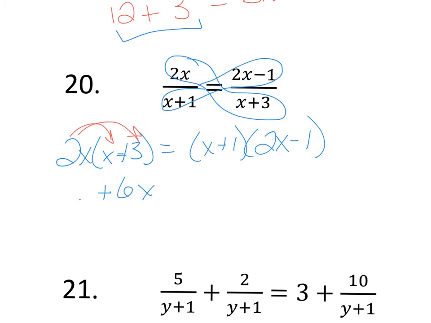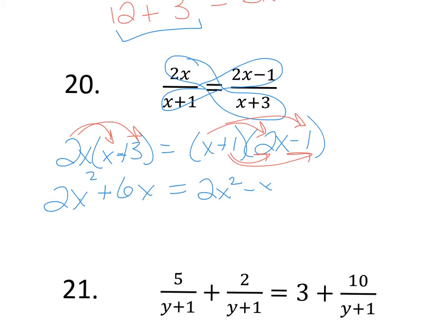It's 2x squared. There we go. Equals. All right. I'm hoping you guys remember the double distribute slash FOIL multiplication here. This should become 2x squared minus x plus 2x minus 1.